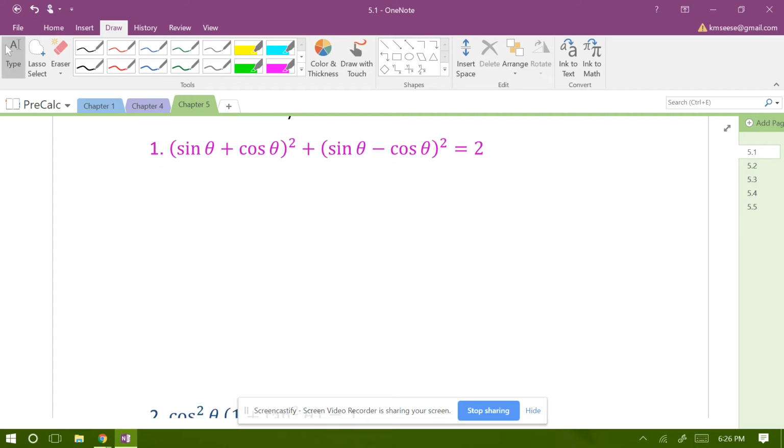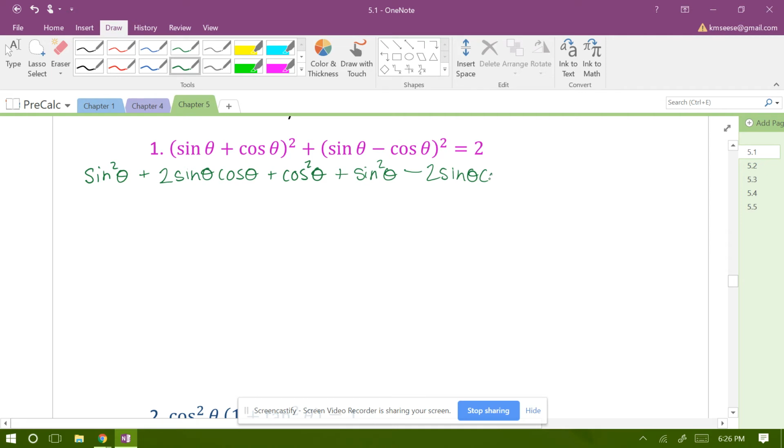Now, you need to actually square these binomials out. So remember, this is going to be sine squared of theta plus 2 sine of theta cosine of theta plus cosine squared, plus squaring sine theta minus cosine theta, sine squared of theta minus 2 sine of theta cosine theta plus cosine squared of theta.